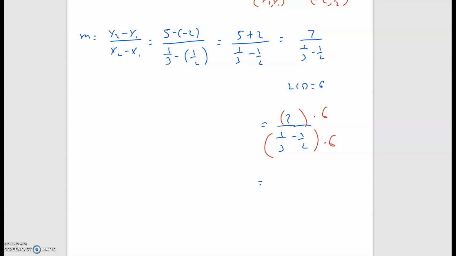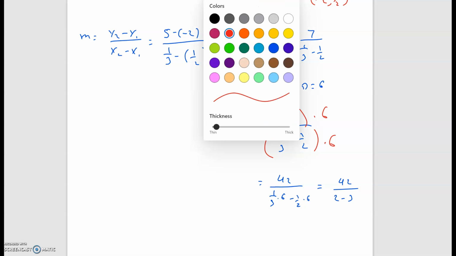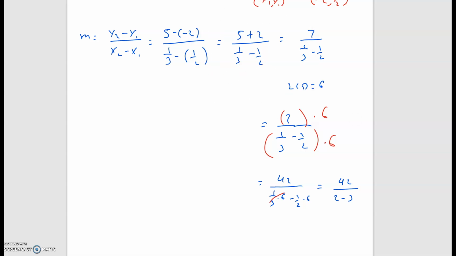So on the top, you're going to end up with the 42. At the bottom, you technically have 1/3 times 6 minus 1/2 times 6, or 42 over 2 minus 3. And I'm canceling these values since they're common factors.